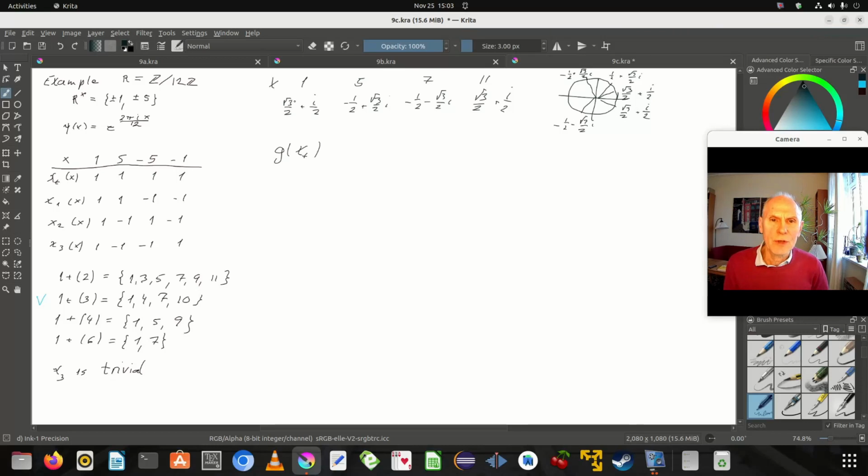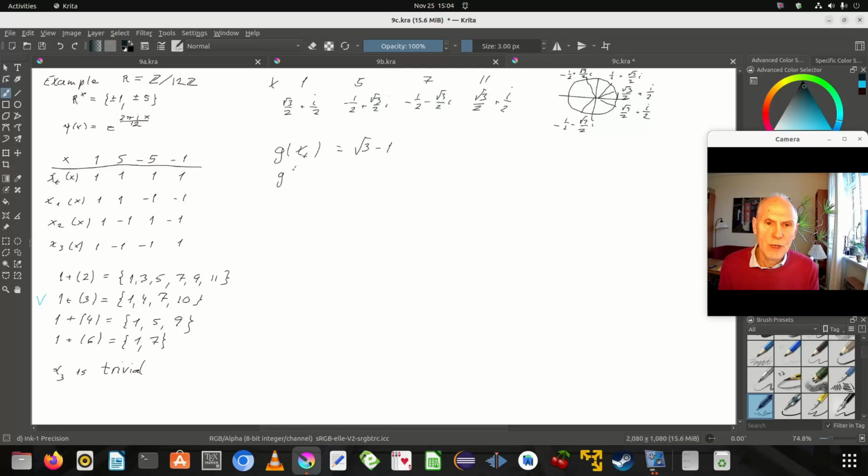So it's square root 3 minus 1. And the modulus squared of this is 4 minus 2 square root 3.